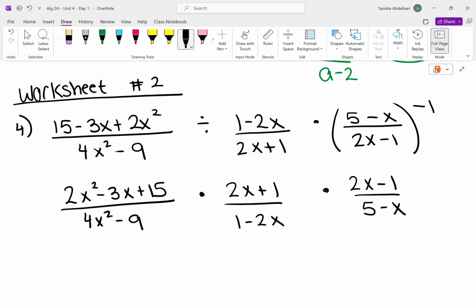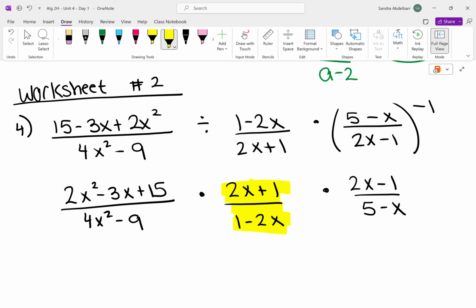All right, now before I even start factoring or doing anything, something's really standing out to me here. Does anything stand out to you, Philip? If we multiply either 1 minus 2x or 2x minus 1 by negative 1, we can cancel out. Look, can't we essentially cancel out that whole fraction right there?